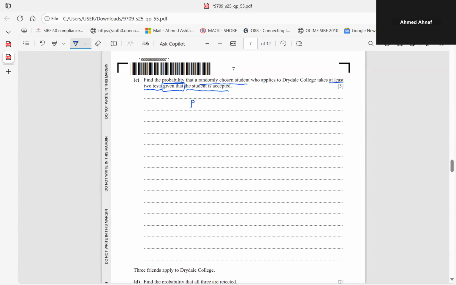Let's write down the probability in set notation: the probability that the student takes at least two tests, given that the student is accepted. To find this, we first have to find the probability that the student takes at least two tests and is accepted, divided by the probability of the student getting accepted.